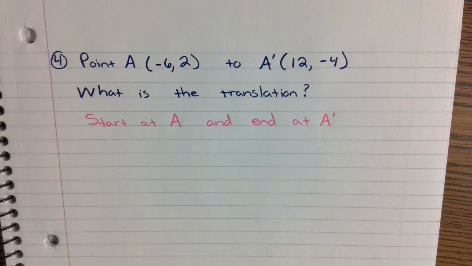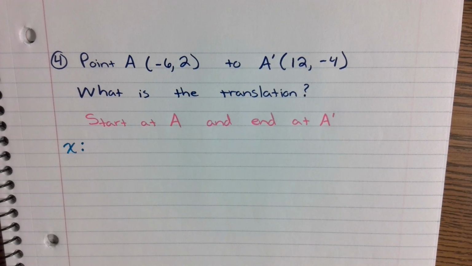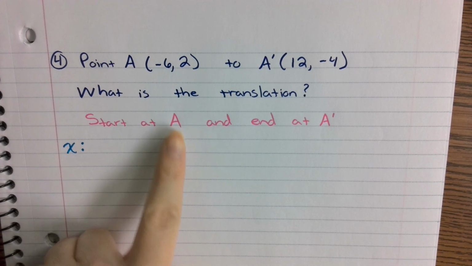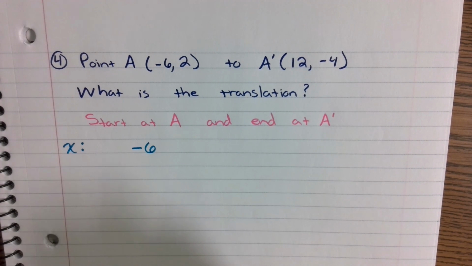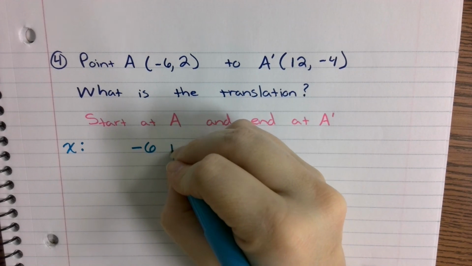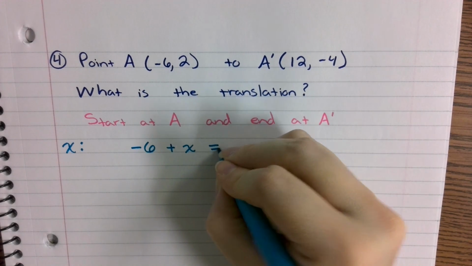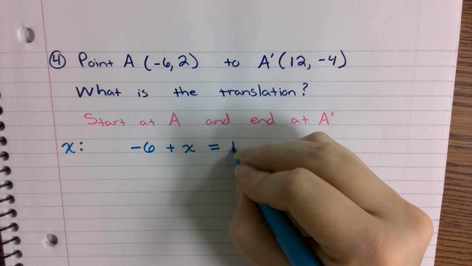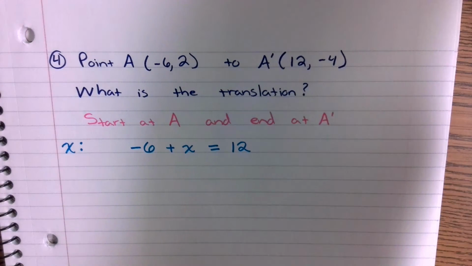So what I want to know for x: if I start at negative 6, right? I start at A, which is negative 6. Then I'm going to add some kind of value of x to get to A prime, to 12. I want to know what value did I add. So this is just an equation that you're going to have to solve.